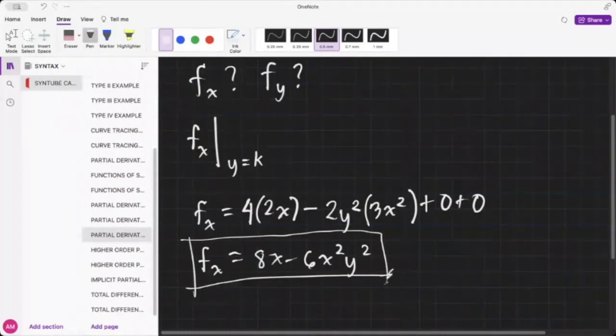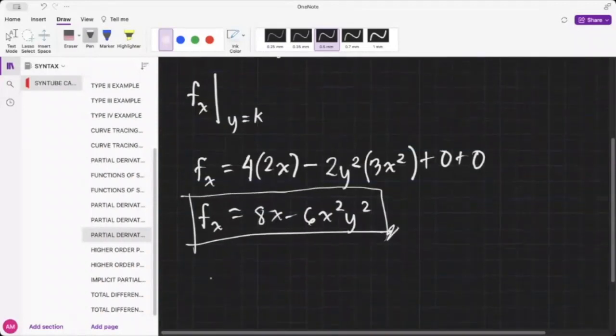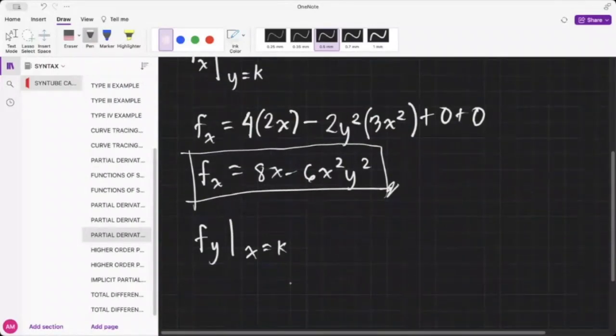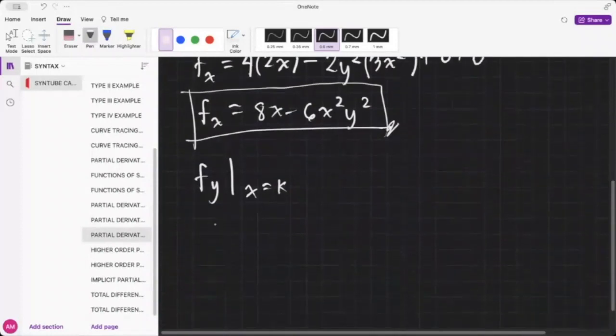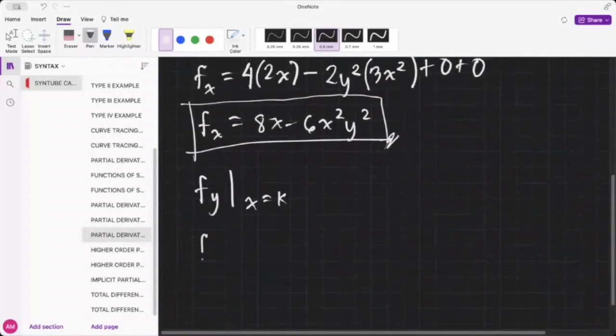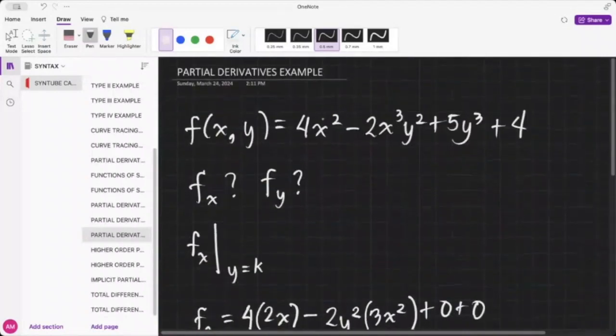So that's the first one. Similar lang yung method for if you're concerned kapag with respect to y. X naman yung constant mo. So, f with respect to y is equal to, yung una, again, kapag with respect to y, lahat ng x treat mo as constant.